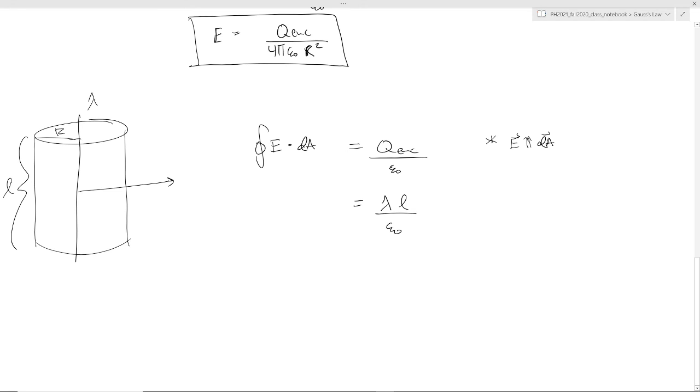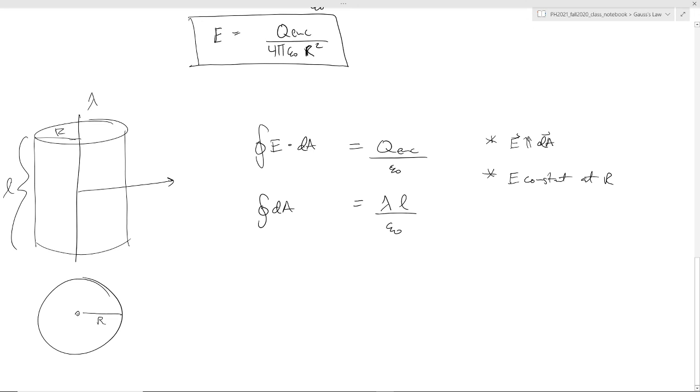And also, if we're looking at this from the top, it looks very similar to the sphere. Since this R is the same distance from the wire, it means that E is going to be constant at R.